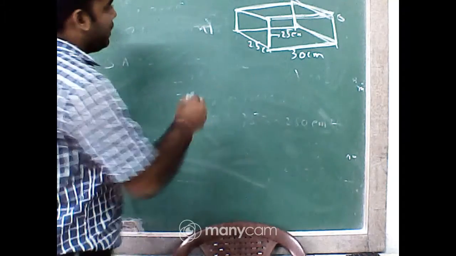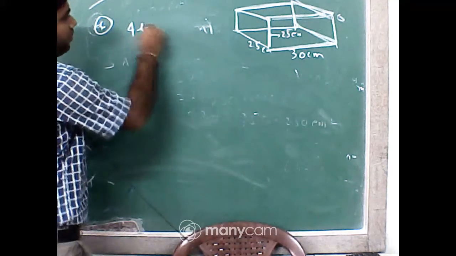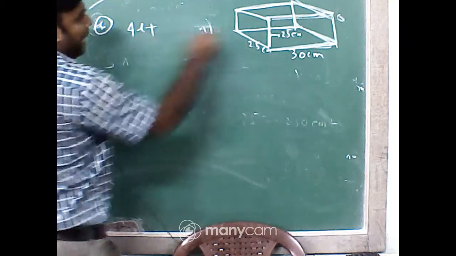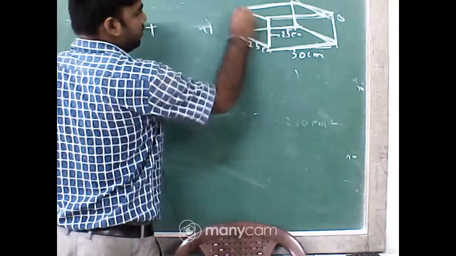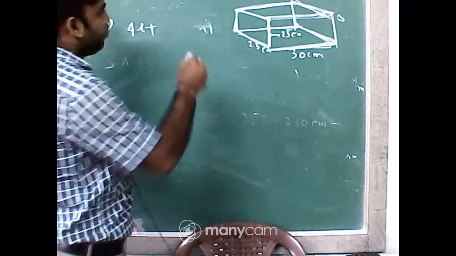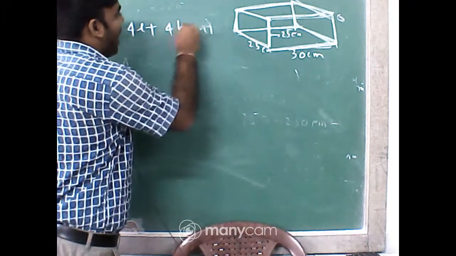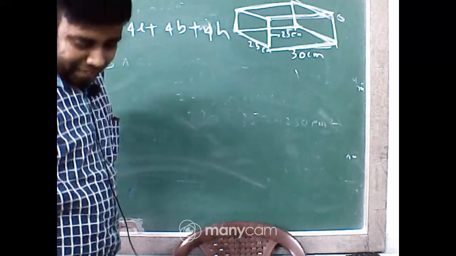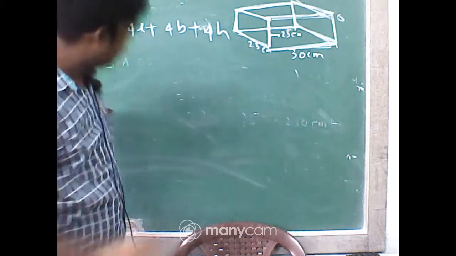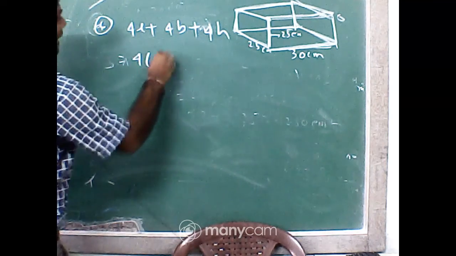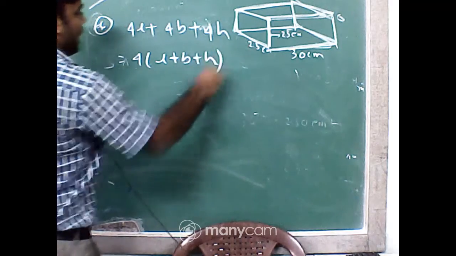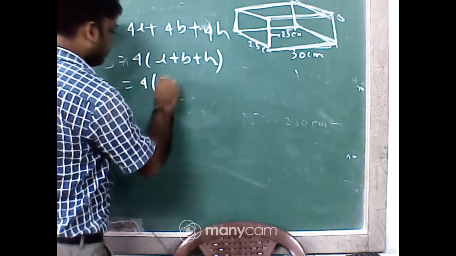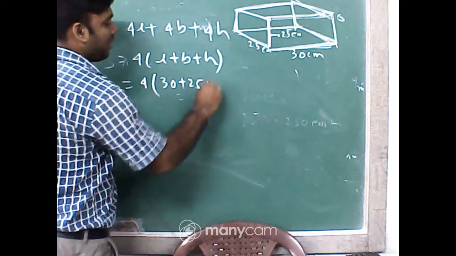So we need 4L plus 4B and 4H. Got it? Now that will be 4 into L plus B plus H, and the values of L, B, H are 30 plus 25 plus 25.